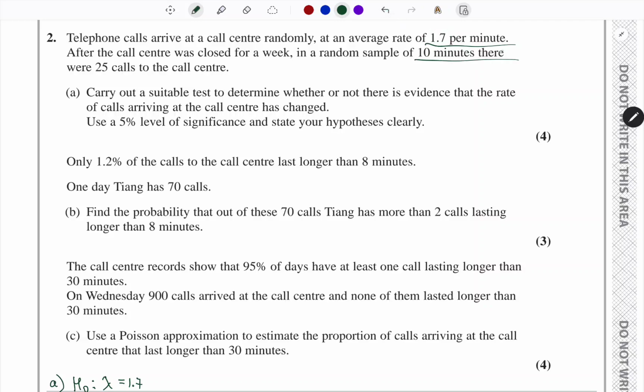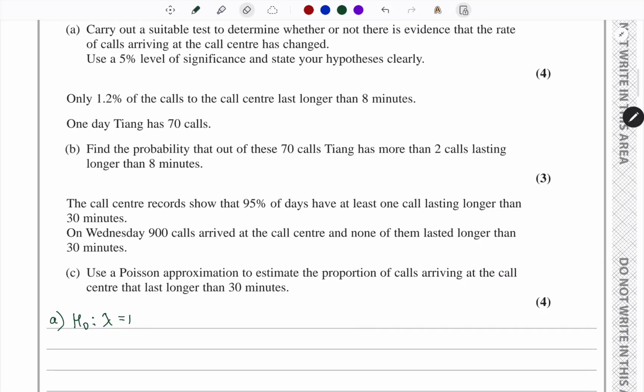But during the 10 minute period, it would be 17. Let's write 17 per 10 minute period. So it's my null hypothesis. It must always be expressed in terms of an equality, so there must be an equal sign over there.